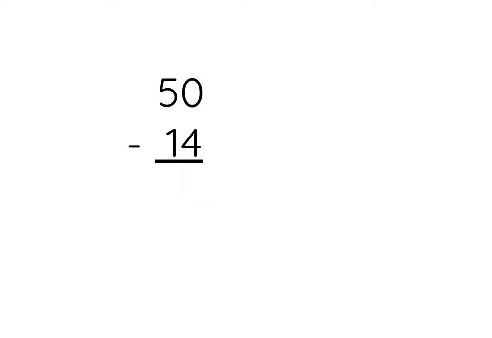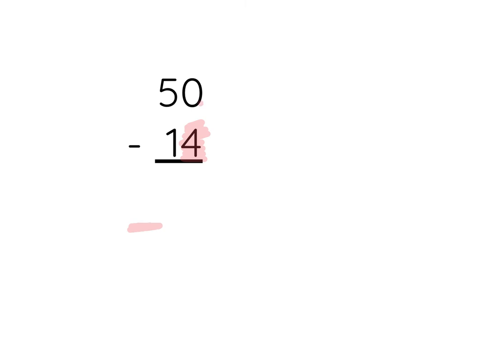Number 7, or 7th problem here. Now, 50 subtract 4. A lot of times kids miss this problem because they look at it and think it's super easy. They're like, oh, I know that answer, but they don't stop to think about this 4 is going to give you a negative number because it's greater than 0.